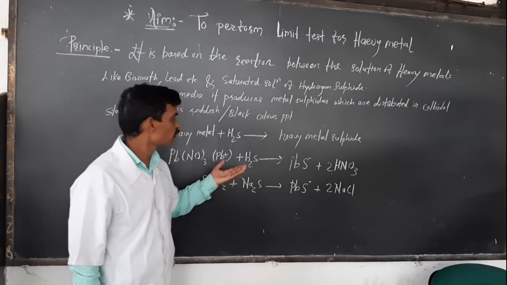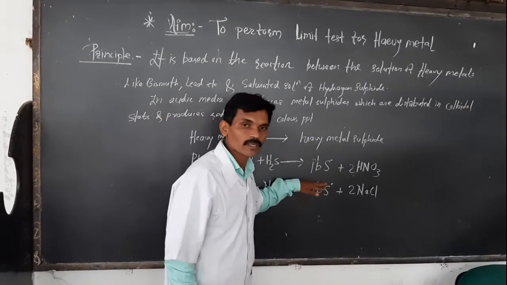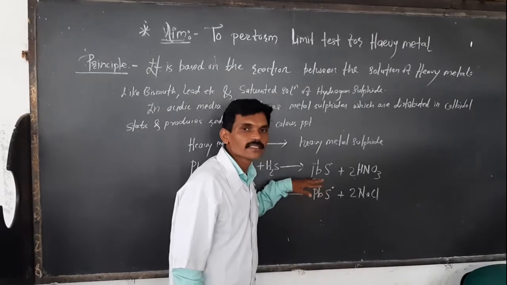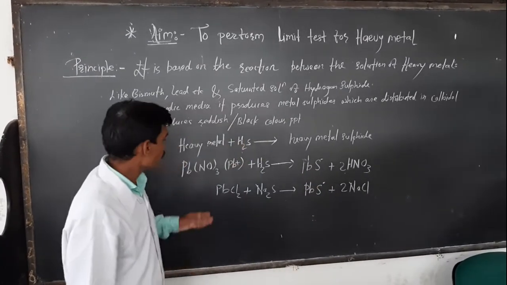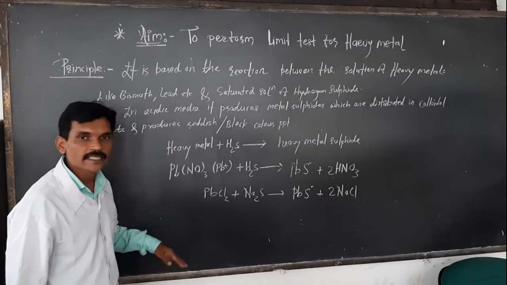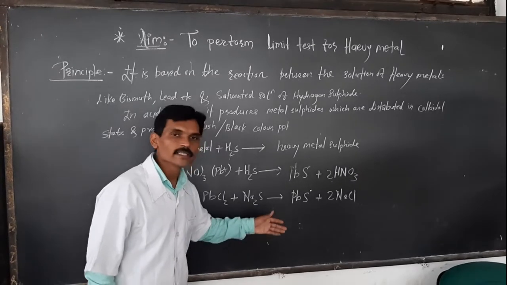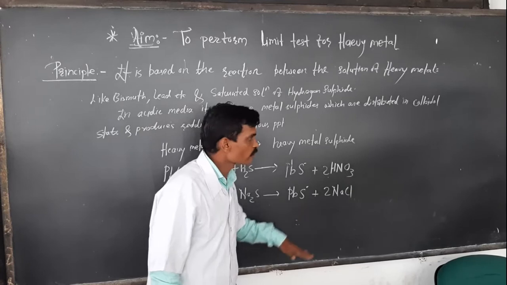When it is treated with a saturated solution of hydrogen sulfide, it produces lead sulfide, which, as you are all familiar, is a black colored precipitate. Similarly, lead chloride, when treated with sodium sulfide, again produces a black precipitate of lead sulfide.